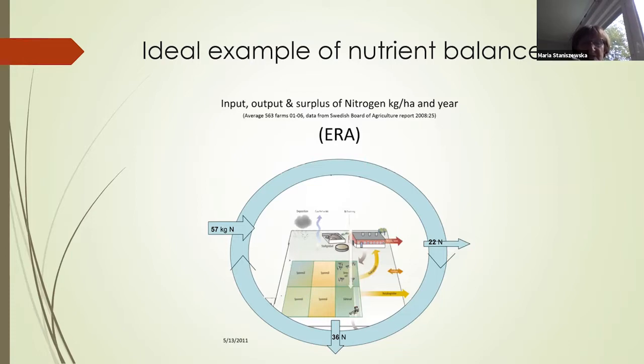And then we see, at first, we have, in one farm, crop production and animal husbandry, which is very important because the very valuable manure will not lose the nitrogen and phosphorus, and our surplus is only 30. It's absolutely lower than in previous examples.